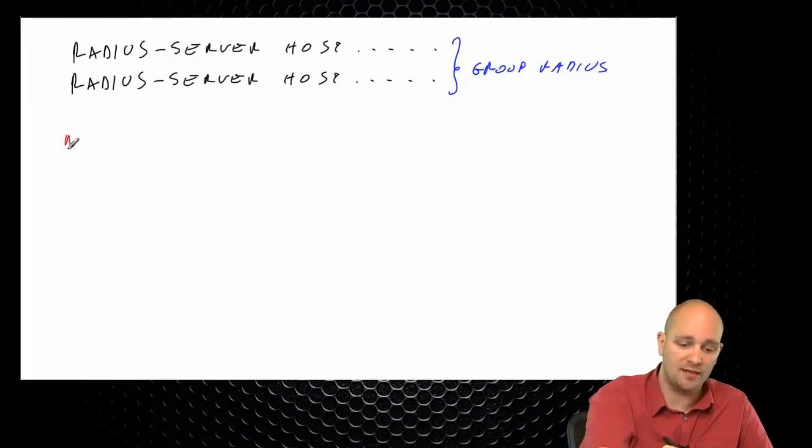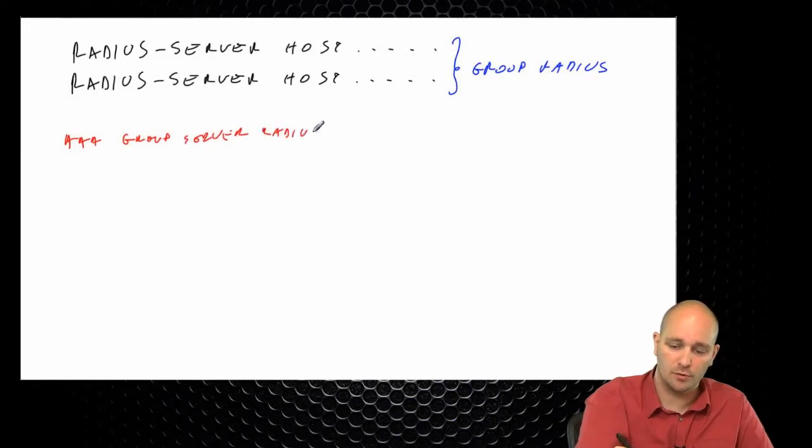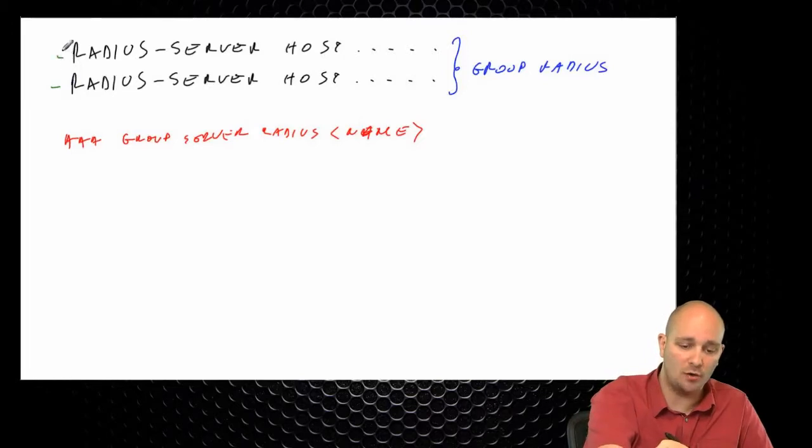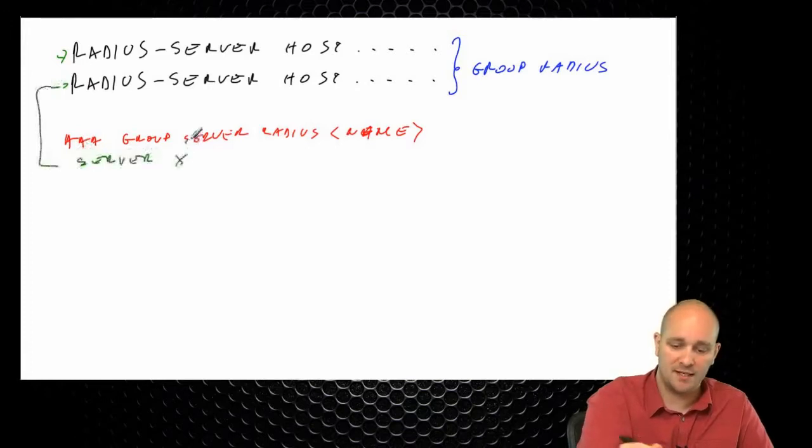So when we create AAA group server radius, and here we define a name, we can here either reference one of these. If we, for example, just say server X, that would be this X, and let's say that this is Y here.